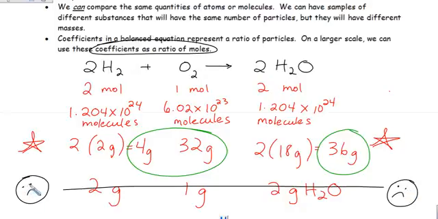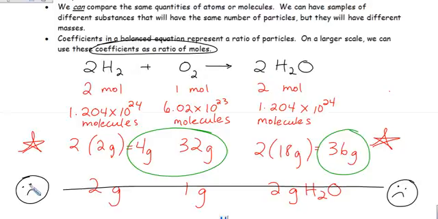The ratio in the balanced equation is not a ratio of grams. It's a ratio of particles. Now, indirectly, we can use the mole as a ratio of particles, and then we can switch moles into grams. But notice that the mass of hydrogen and oxygen is not 2 to 1. Oxygen atoms are like 16 times more massive than an atom of hydrogen.